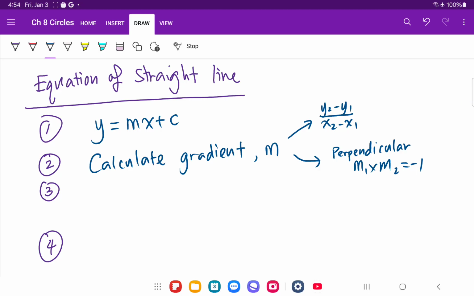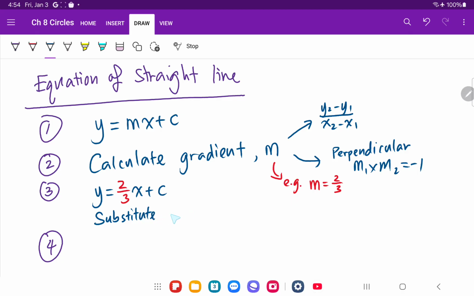Number 3, once you have the m value, for example, if let's say you found that gradient is 2/3, then your next step will be y equals to mx plus c. And then what you need to do next is to substitute one of the points on the line.